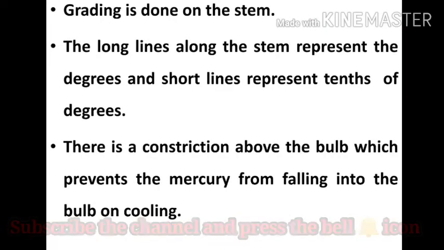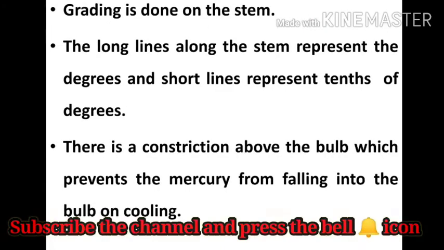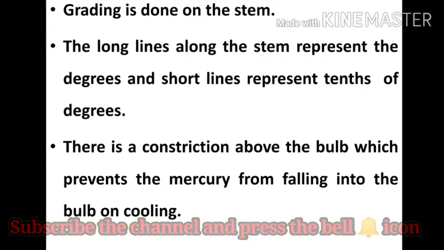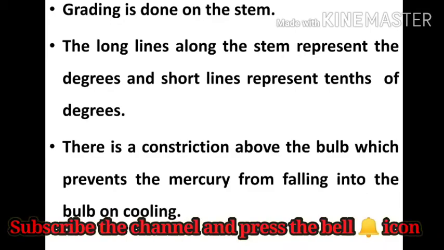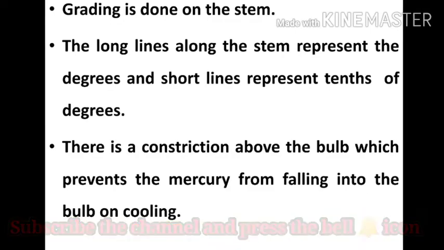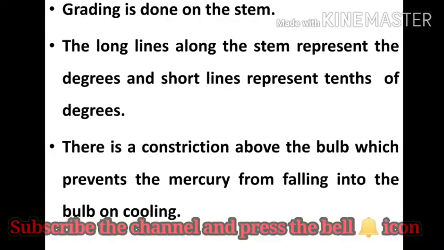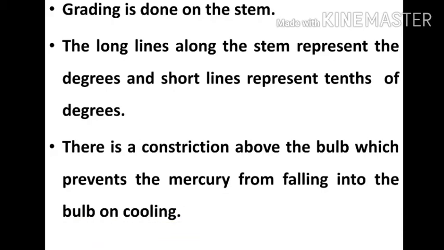The grading is done on the stem. The long lines along the stem represent the degrees and the short lines represent tenths of degrees. There is a constriction above the bulb. It prevents the mercury from falling into the bulb on cooling.